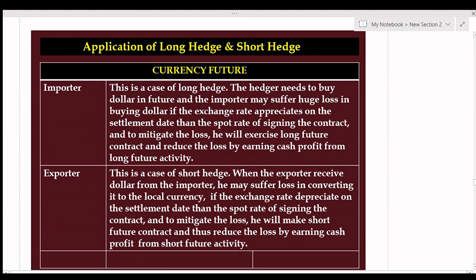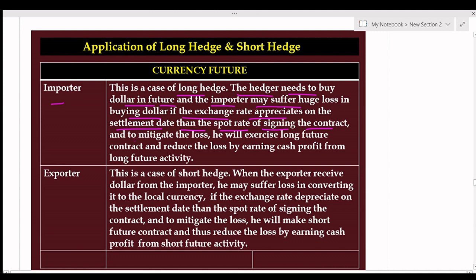Application of long hedge and short hedge. Number one is the importer. This is a case of long hedge. The hedger needs to buy dollars in future and the importer may suffer a huge loss in buying dollars if the exchange rate appreciates on the settlement date compared to the spot rate on signing the contract.